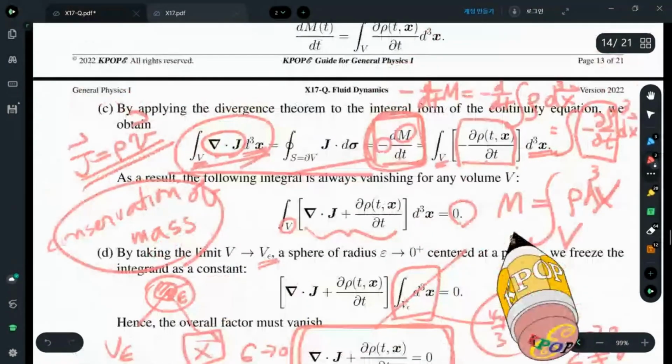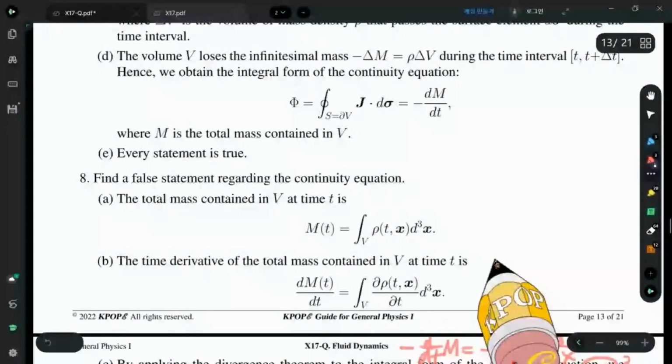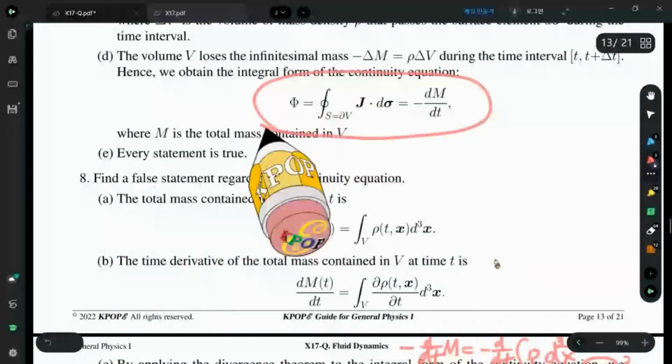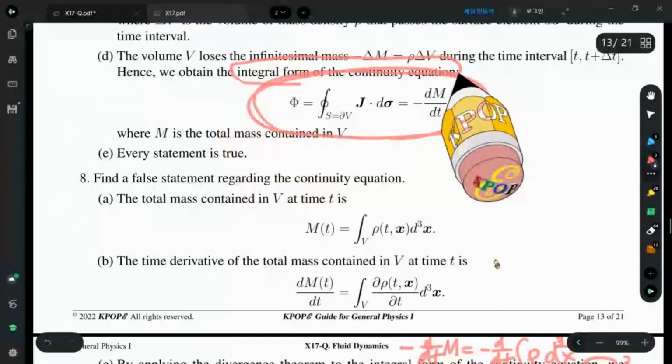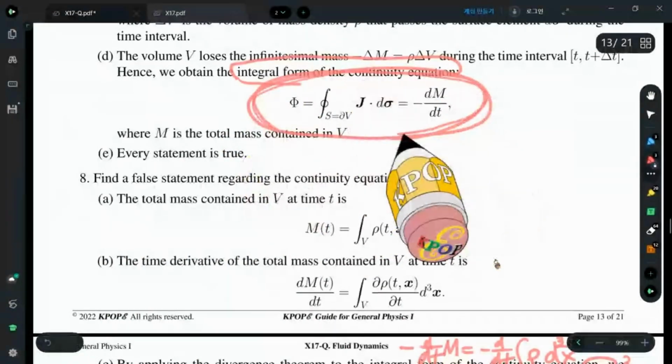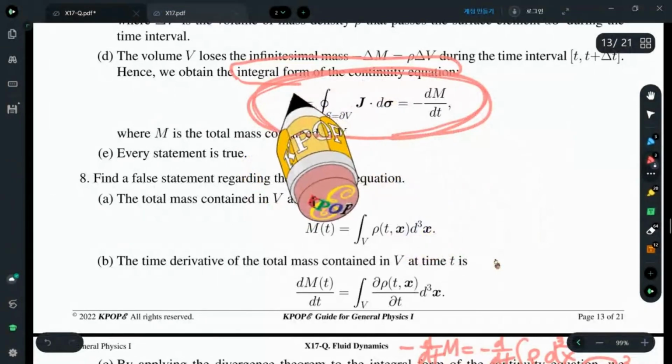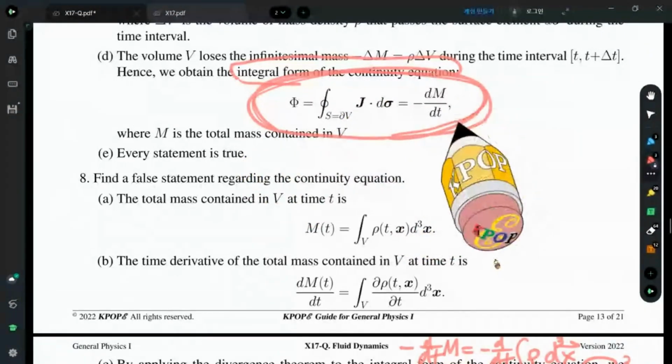This is the integrand of the integral form of the continuity equation.